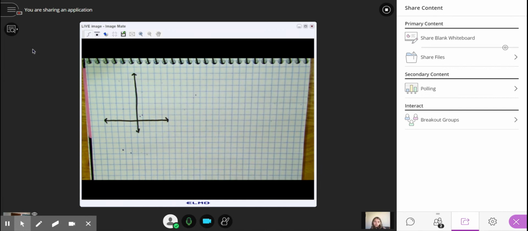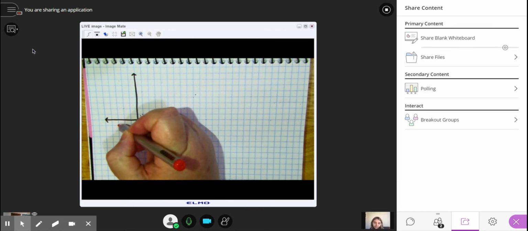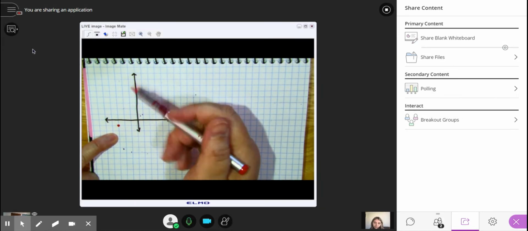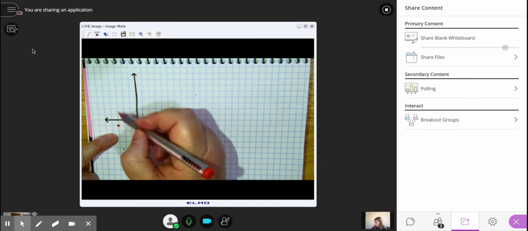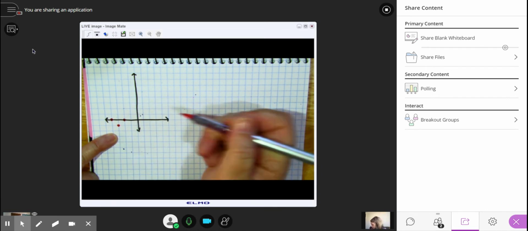Because we just found out you had a vertex at negative 3, negative 1. So this should be my vertex at negative 3, negative 1. I had x-intercepts at negative 4, 0 and negative 2, 0.